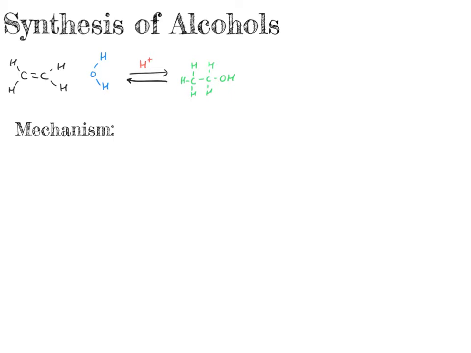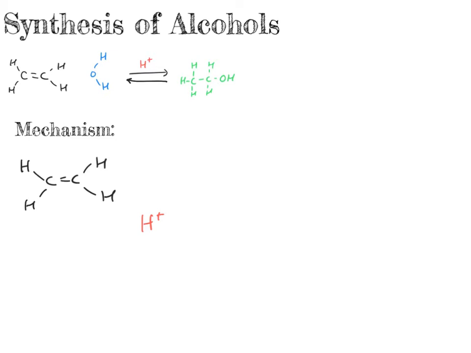So we start with an alkene, so we'll just do the simplest one. We'll start with ethene. And in the first step, ethene reacts with the acid catalyst, so we need H plus here. If you look at an alkene, you've got high electron density around here because you've got a double covalent bond, so you've got a lot of electrons around there, so you've got some area of negative charge, and that's going to be where your mechanism begins, as it attracts towards the positive hydrogen ion.